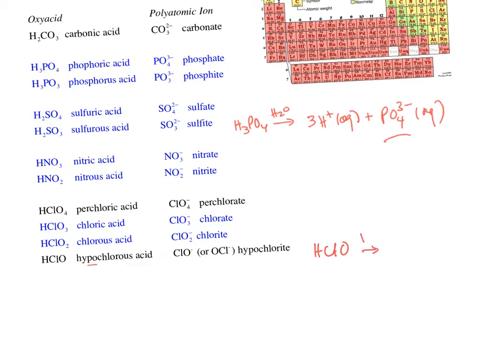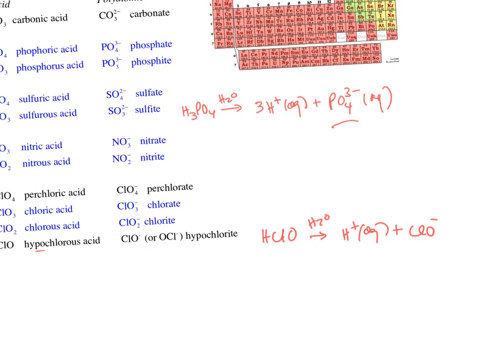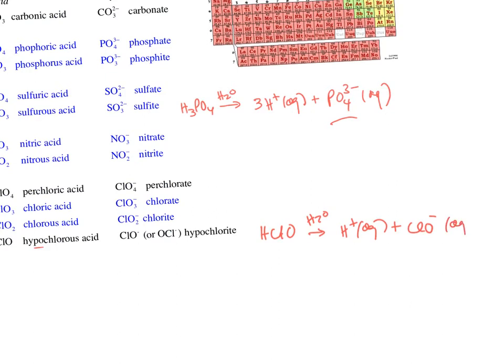When you put it in water, it's going to break up into H+ aqueous, plus the polyatomic ion hypochlorite, also aqueous. And sometimes it is written as ClO-, sometimes it's written as OCl-, hypochlorite, either this form or this form.